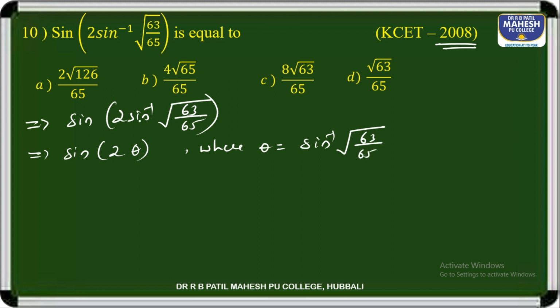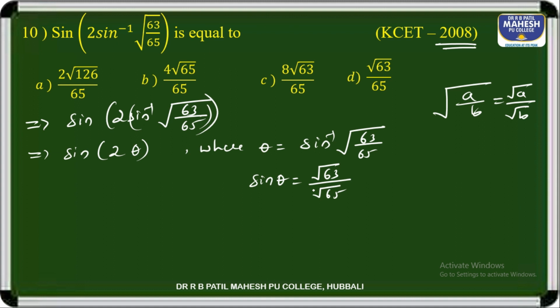Hope you followed. Now from here, sine theta value is root 63 by 65. I will just modify it to root 63 upon root 65. You can write like that, because square root of a by b can be written as square root of a upon square root of b.